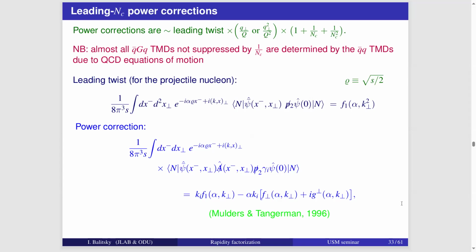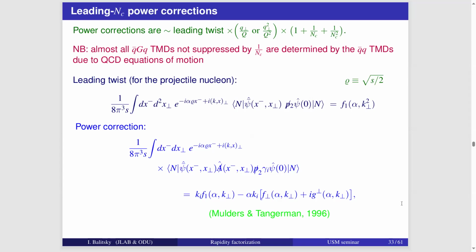For example, this is TMD f1. E2 is like, it's my notation. It should be gamma plus here. Sorry about that.